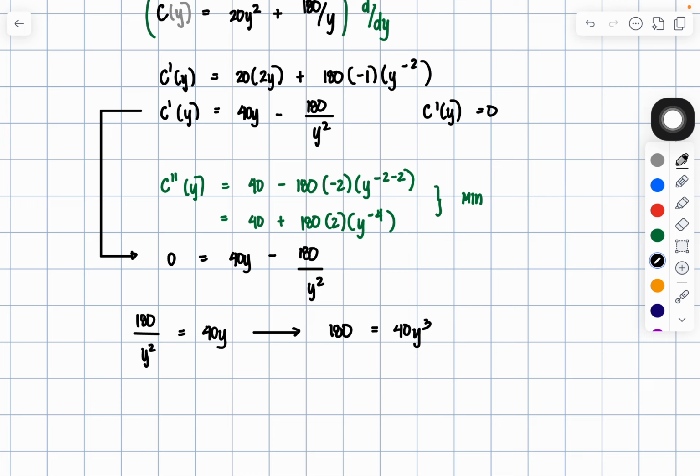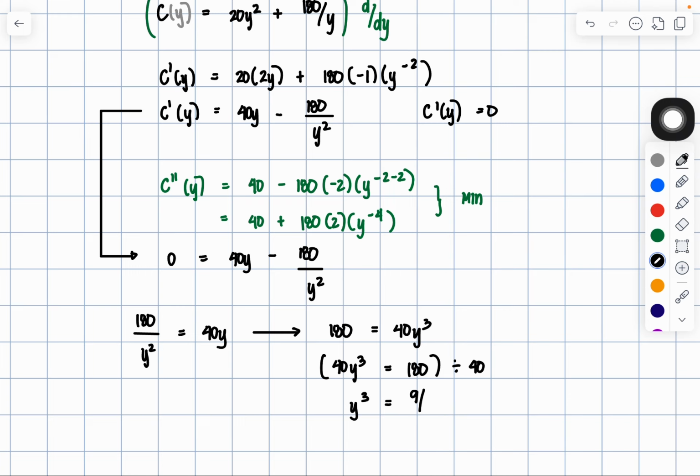Pagbalik na rin natin. So, you have 40y cubed is equal to 180. Divide both sides by 40, no? Para mawala yung isa dyan. So, matitira na lang dito y cubed equals 180 over 40. If we are going to simplify 180 divided by 40, this is 9 over 2. Palitan ko na.